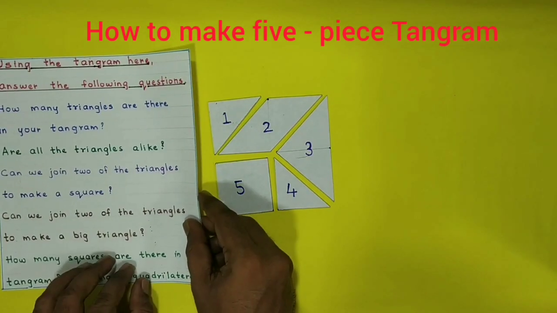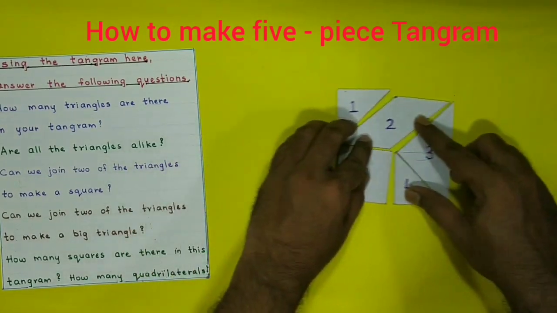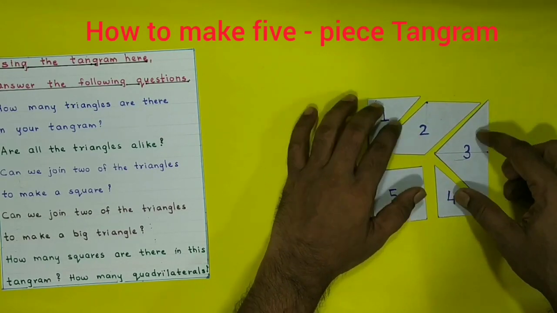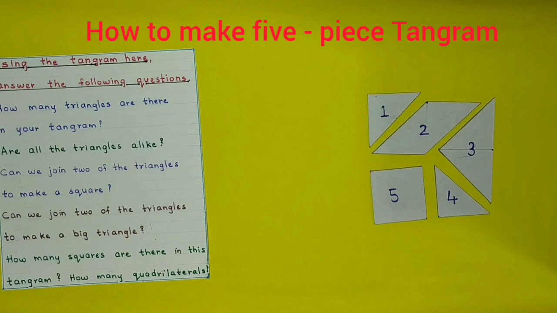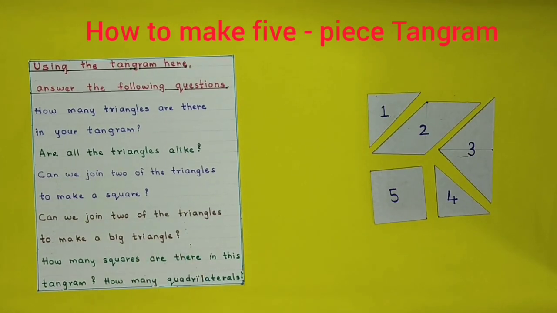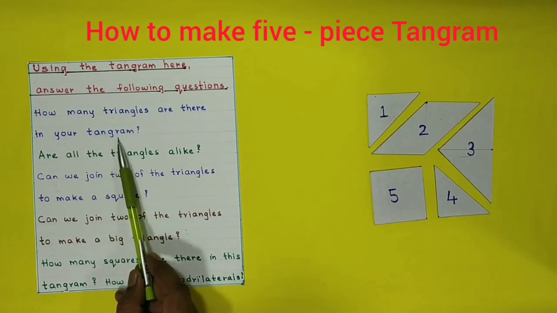After doing this, we have to answer some questions. Let us answer the questions. Using the tangram here, answer the following questions. Our first question is, how many triangles are there in your tangram?